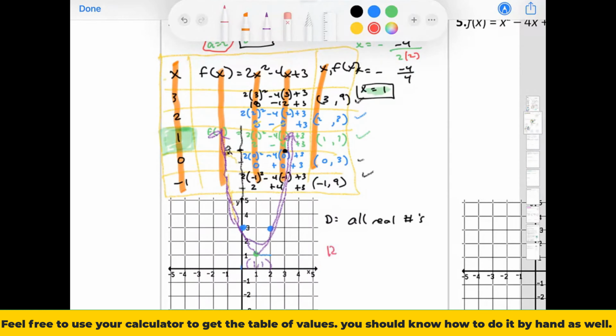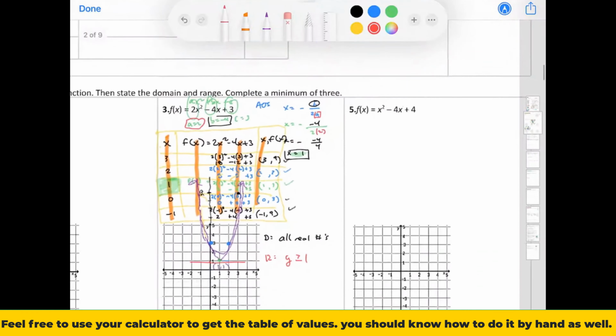Okay, the range, now we're going from bottom to top, and look at the y number line. Nothing, nothing, nothing, right there. You're starting at 1, and it keeps going forever with the arrows. So y is greater than or equal to 1. I got 1 because the graph's starting right here, and it's greater than because it's going above to bigger numbers, 2, 3, 4, 5.